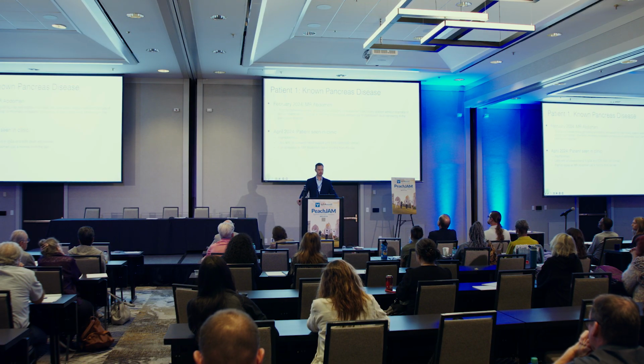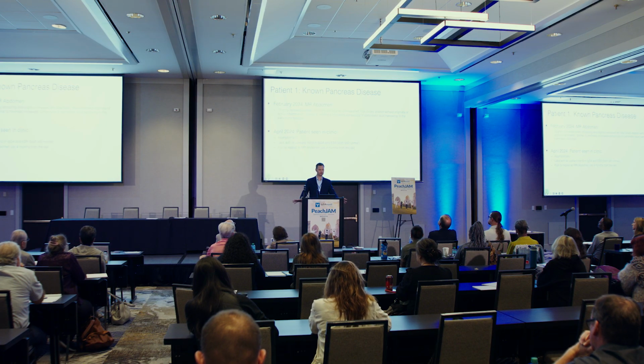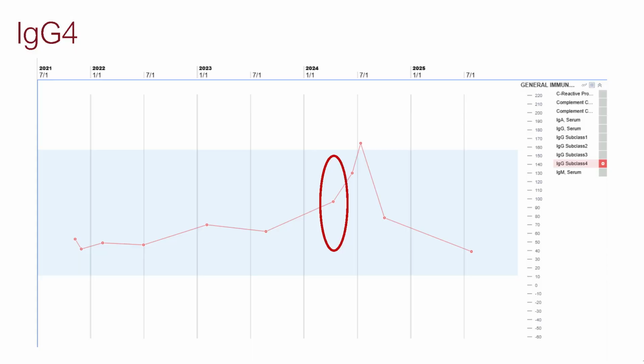So I saw him 2 months later, totally asymptomatic, and we noted this slight upward trend in labs, even though they were still normal. But it was enough to say, let's repeat the MRI in 4 months from the last, so much sooner than I would typically do. And this was the inflection point actually where we decided to do that. The blue is the normal range, and it sort of spoils it here, but actually you can see that this patient for the first time ever went into the abnormal range, and he had never been abnormal.